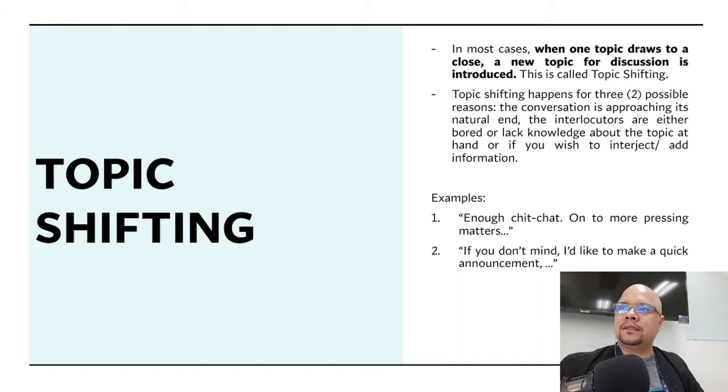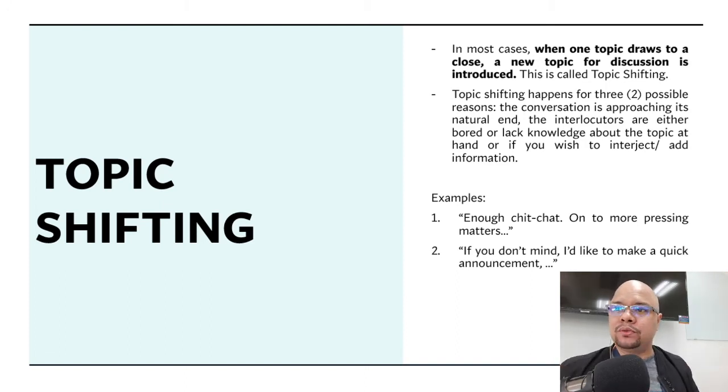Probably nothing further could be said, or there are no new details to introduce. Or the interlocutors are either bored or lack knowledge about the topic. For example, if you were to talk about a new movie release and your friend has not seen the movie, then you cannot engage in a very interactive conversation because only you know the details and your friend does not.